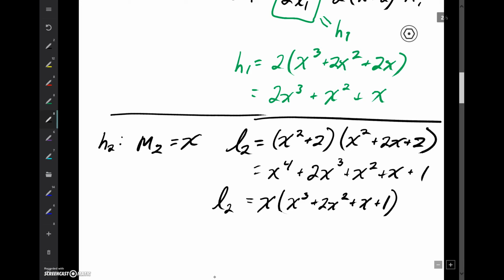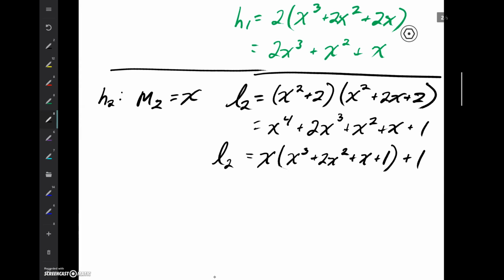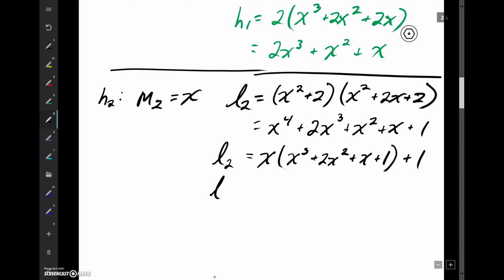And then you still have the constant out here, which we didn't take an x out of, obviously, because it doesn't have an x. So now what we have is L2 equals x times this whole thing, plus 1 at the end.